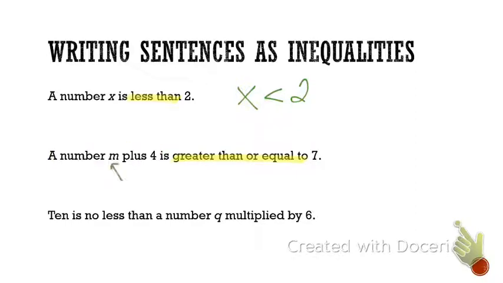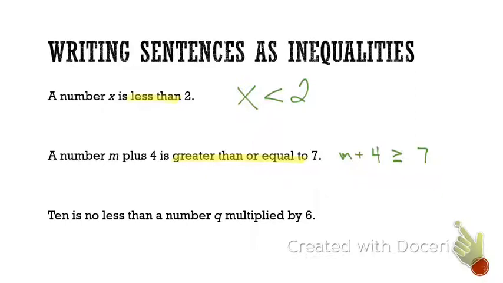And notice the variable it's asking us to use. Hopefully you're thinking m plus 4, right? Okay, so we don't need to overthink this. Is greater than, so it's open to that side because it's greater than, or equal to. Remember, this bar underneath means that it can be equal to 7.